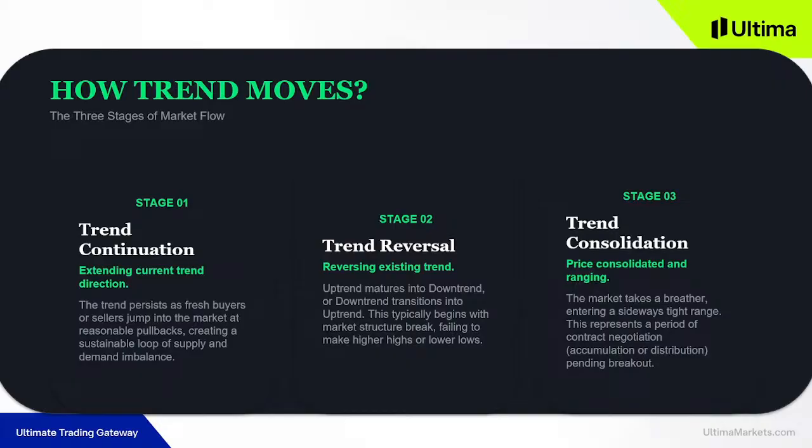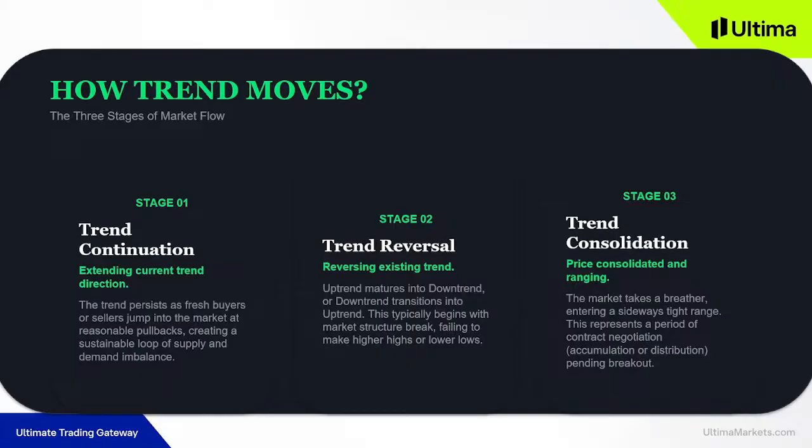The second thing is when the trend comes to a top or a bottom. Usually when the momentum runs out, there will be a reversal. This is when the market structure starts to break and fall apart, and then a new trend comes. For example, when you see a trend reversal, you would go into a downtrend.